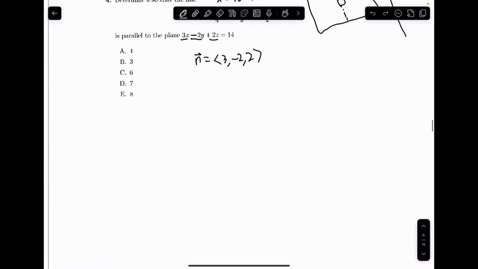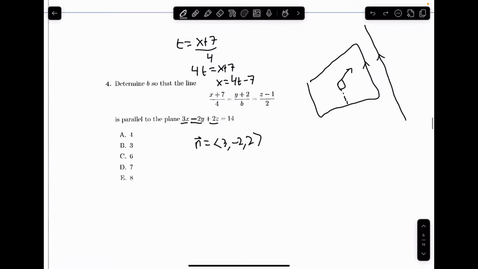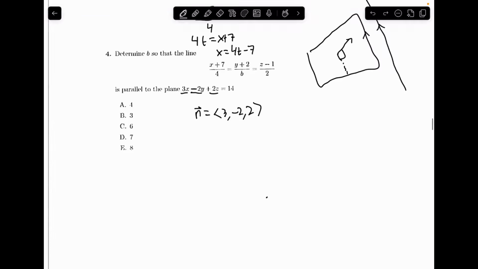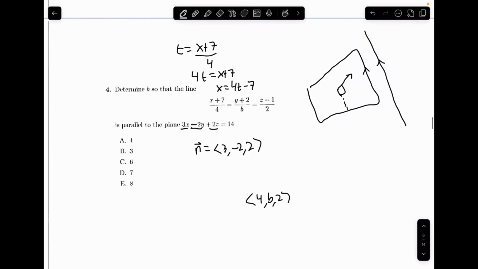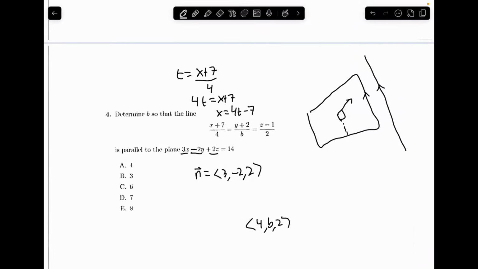But our direction vector of this line, which direction it points in, because the starting value doesn't matter, it's just going to be a shift, it's going to be in the same direction, is going to be 4, b, 2. So this line right here has direction 4, b, 2 as the vector.